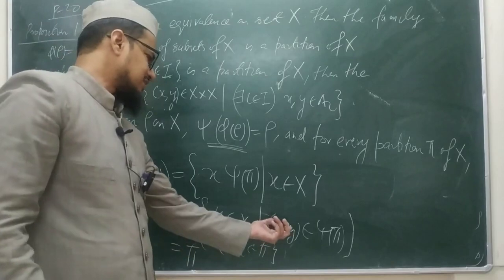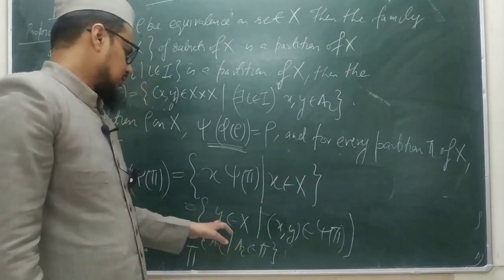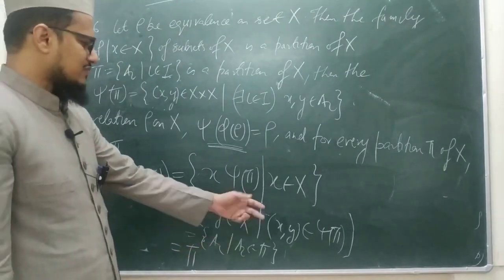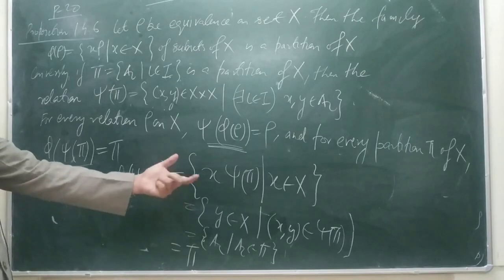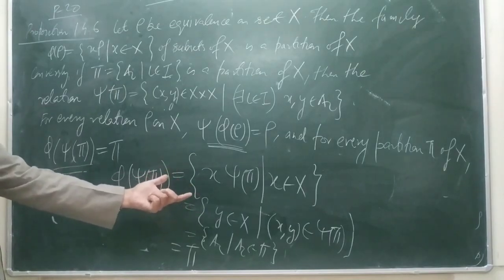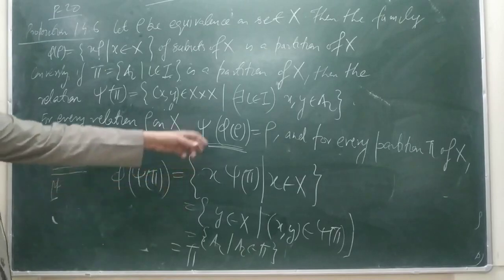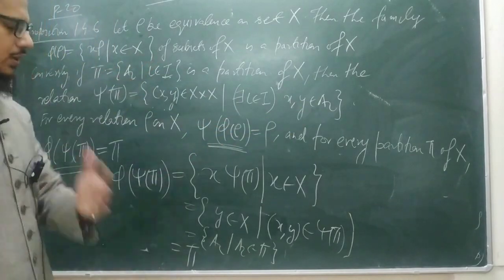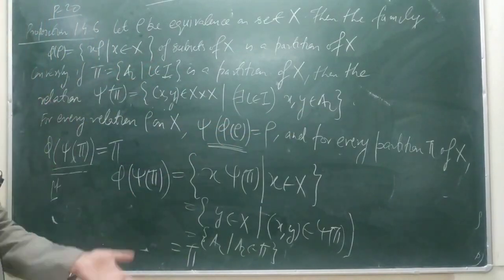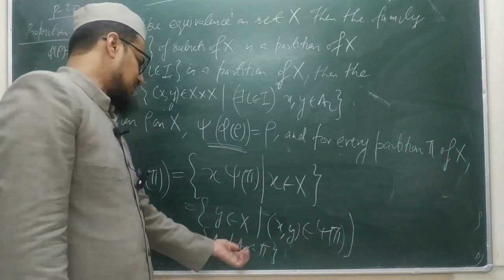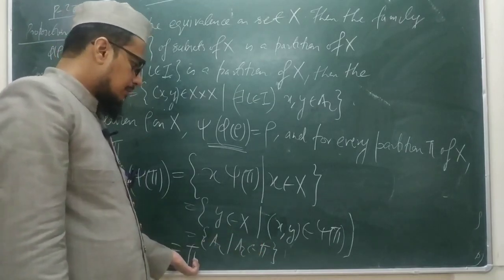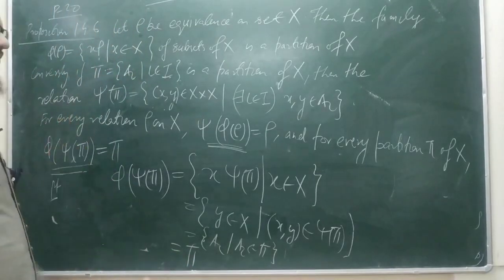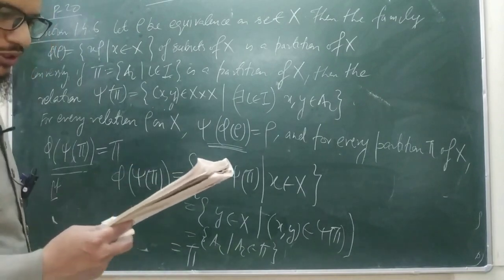Y belonging to X such that (x, y) belongs to psi of pi. Whenever (x, y) goes in psi of pi, it means that x and y are members of Ai, correct? Y is a member of Ai, so it covers all the Ai's. So in this way, the Ai's such that Ai belongs to pi will be equal to pi. So pi is equal to phi of psi of pi. So both become equal to each other.